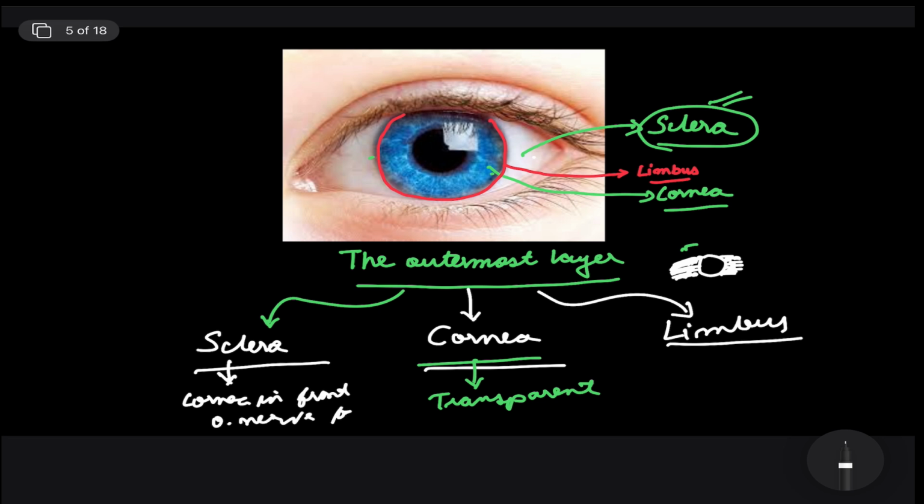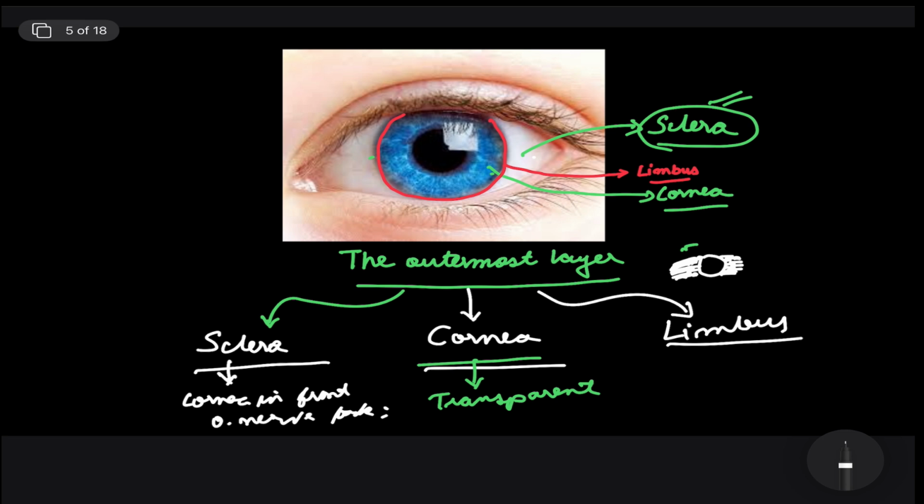Another interesting function of the sclera, apart from protecting the eye and supporting the eyeball and basically being opaque, so light can only pass through the cornea, right? These are all the functions of the sclera.